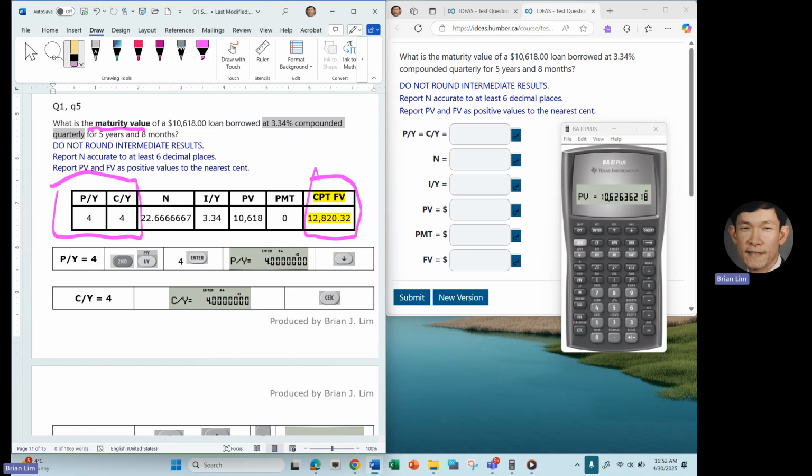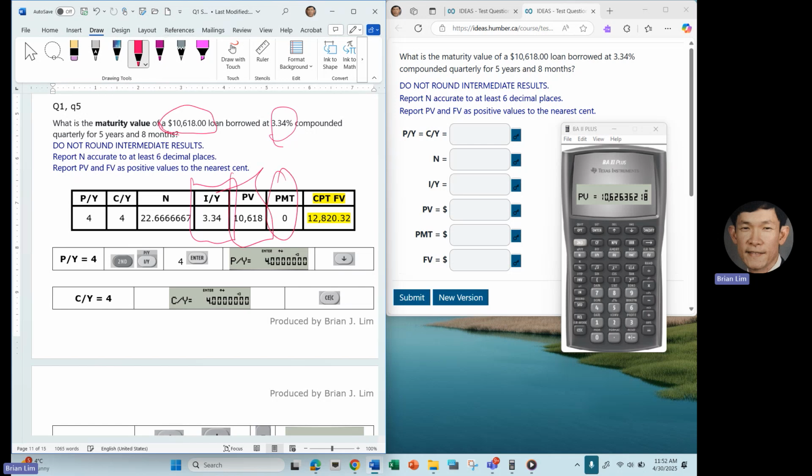All right, good. So we can start. We have the numbers put in. We have the interest, it's right here, 3.34, and that is the number in here. The present value is this 10,618.